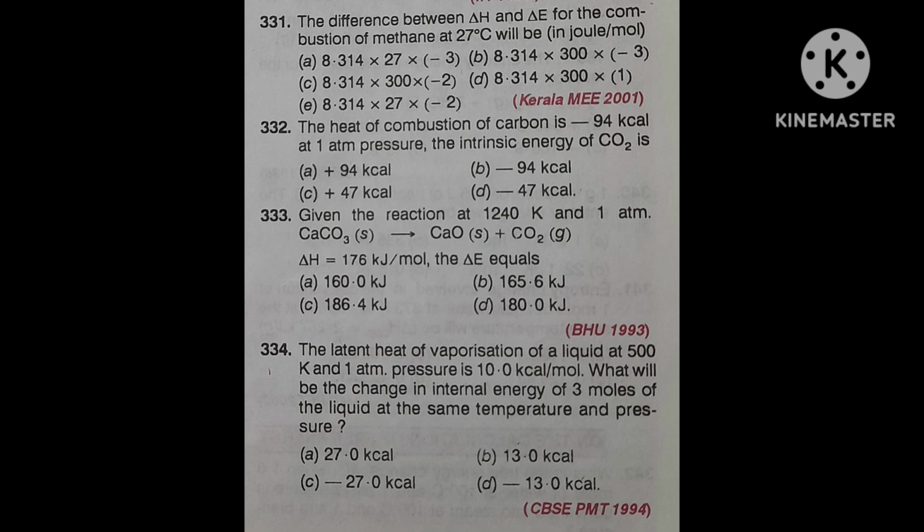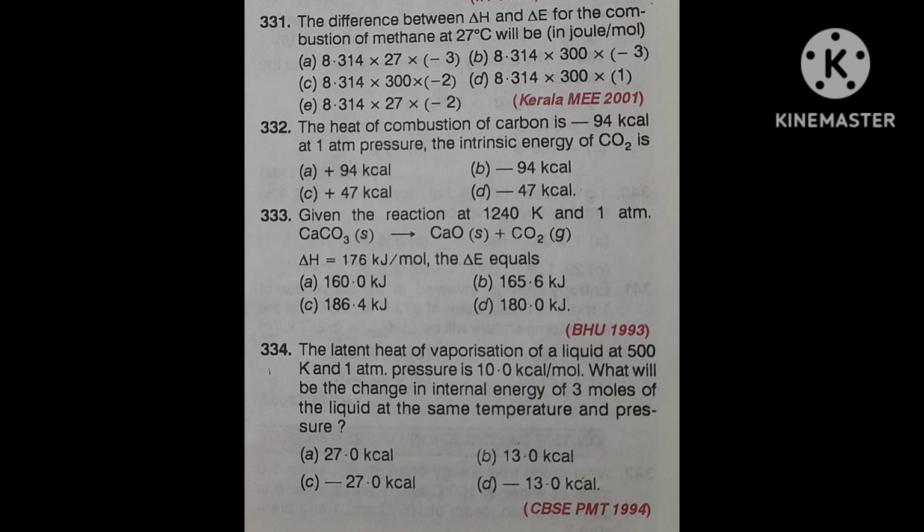Again I am repeating the question. This is a good question. The heat of combustion of carbon is minus 94 kilocalorie at 1 atmospheric pressure. The intrinsic energy of CO2 we have to calculate.